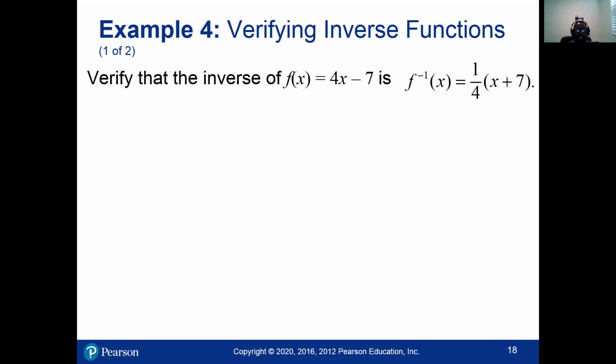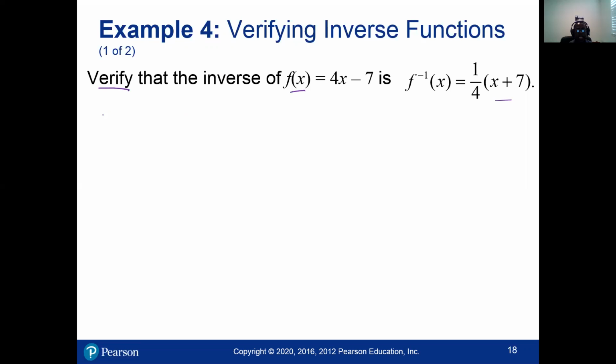So here is an example. It says to verify that the inverse function of f(x) = 4x - 7 is this. So what do we do? If you want to verify, we use the information from the previous slide.